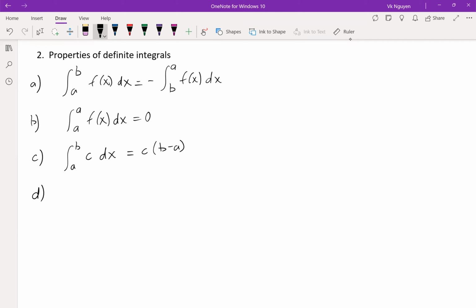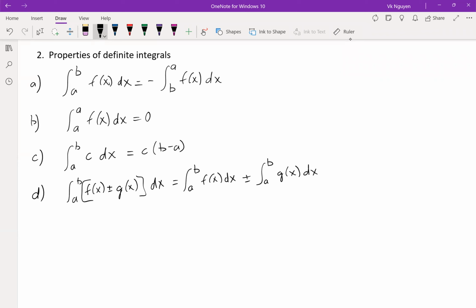D, the integral from a to b of f(x) plus or minus g(x) dx. We can split up the integral because the integral is just the limit of the Riemann sum. Integral from a to b of f(x) dx plus or minus the integral from a to b of g(x) dx.